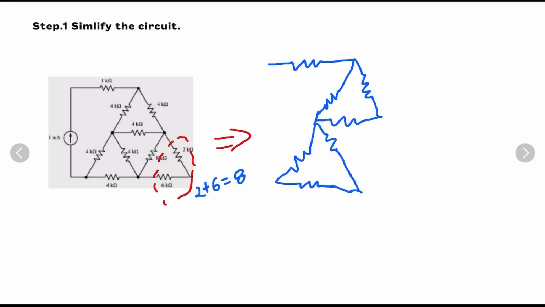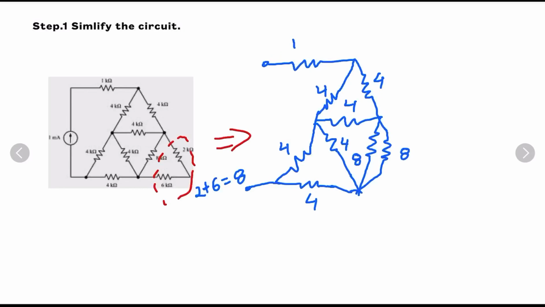After reducing that branch, it will be formed like this. Now we will name all the resistances: 1, 4, 4, 4. This is 4, 4, 4, and it is 8, and this is again 8 kilo ohm.